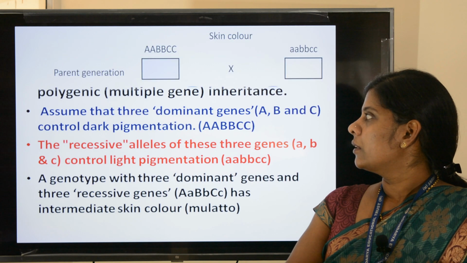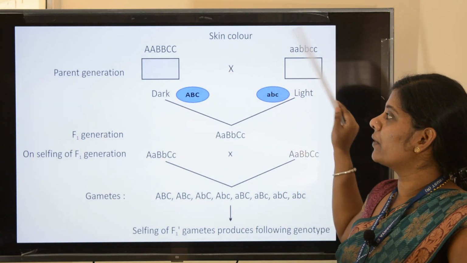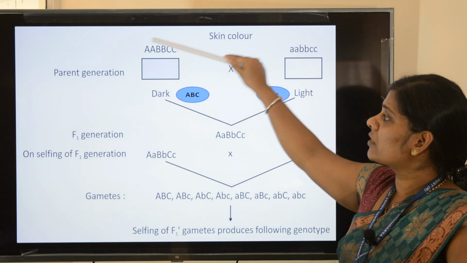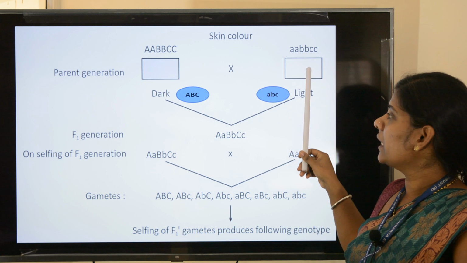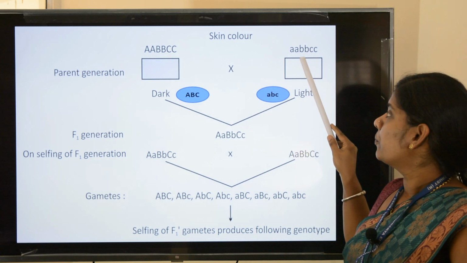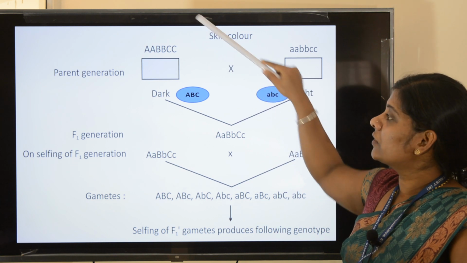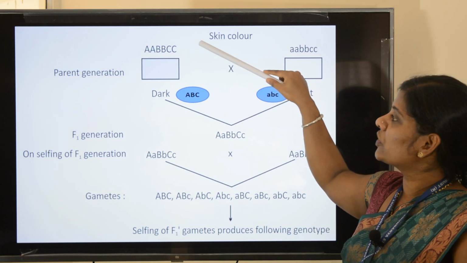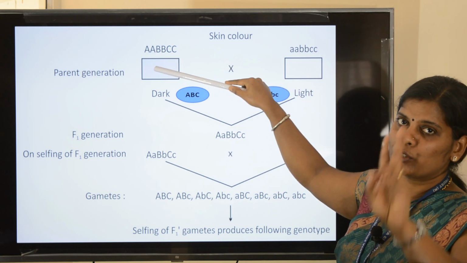Here is a chart showing the cross between a Negro, or extremely dark skinned person, with a fair or very light skinned or albino person. Dark pigmentation is controlled by three dominant genes, each gene represented by two alleles.